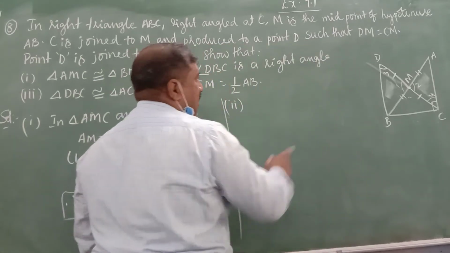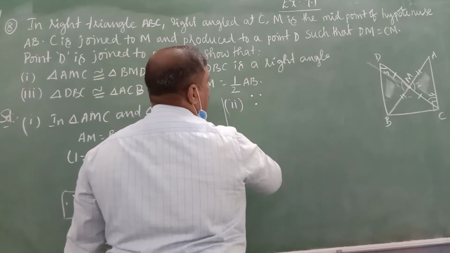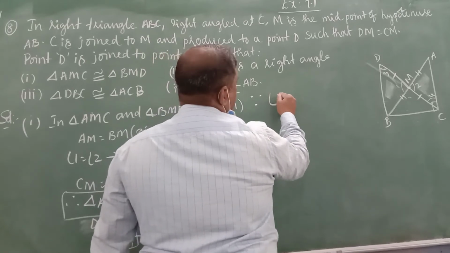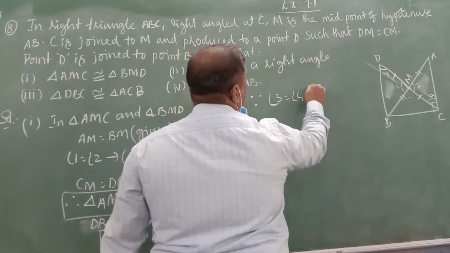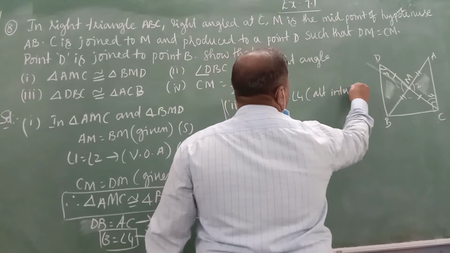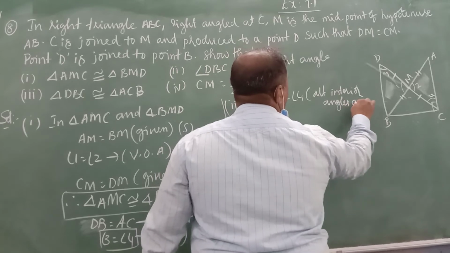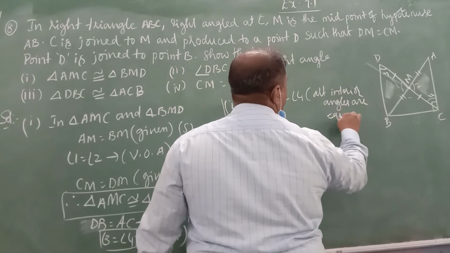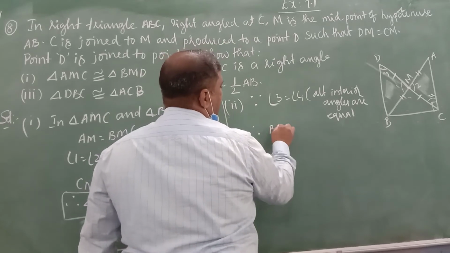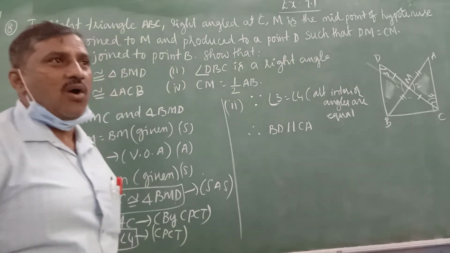So now what we can say here is this: since angle 3 is equal to angle 4, alternate interior angles are equal. Therefore, BD is parallel to CA.